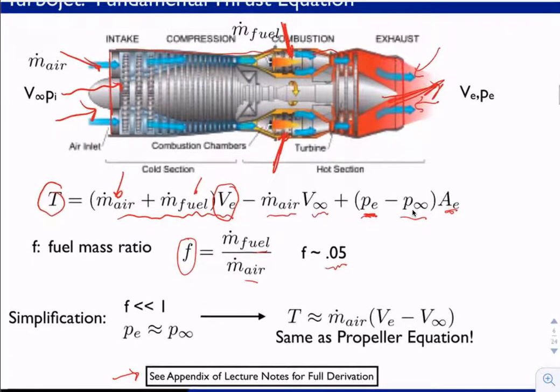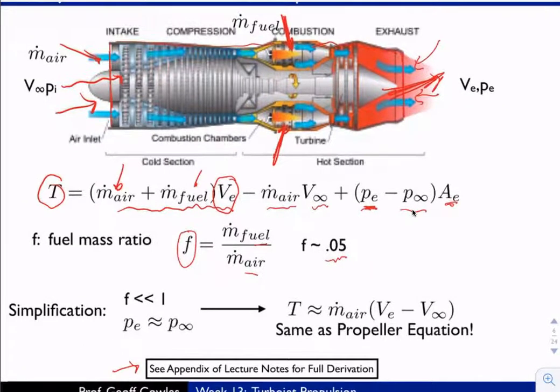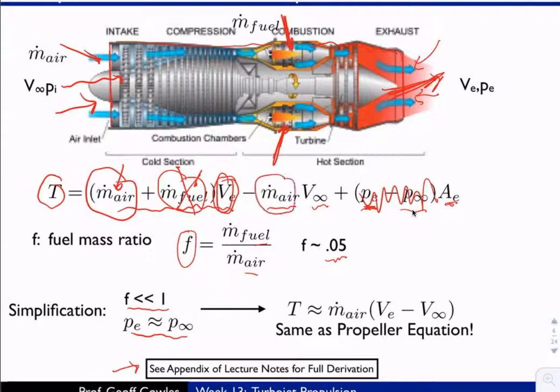So we have a fairly low value for F, and if we come back to this equation here and simplify it, if we assume simply that F is small, so the fuel mass flux term right here is not important, and we have a minimal pressure difference across, so that the exit pressure is close to P infinity, then we can get rid of this term here, and we're left with simply this m dot air times VE minus this m dot air times V infinity, and we can write our thrust equation.